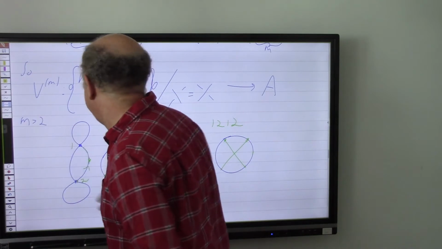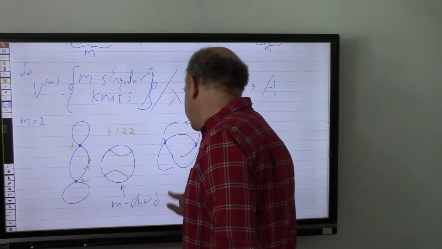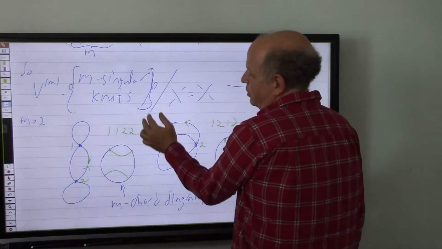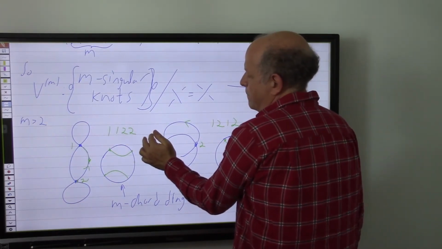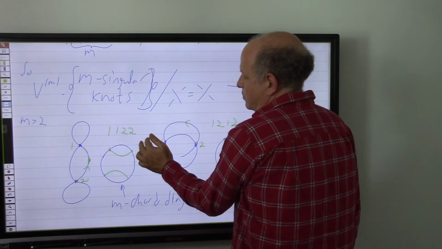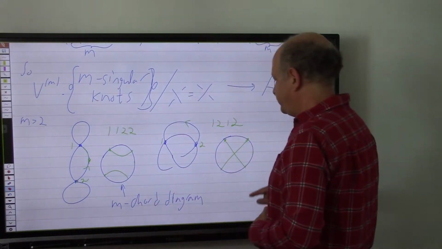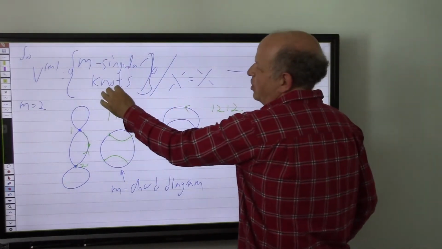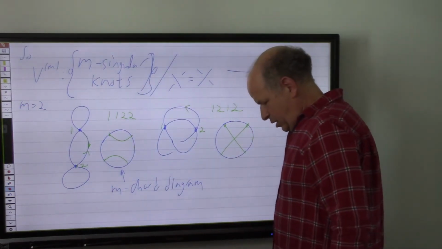So I'll give these things names. Such a thing is called an M chord diagram, and we found that every M singular knot has an underlying M chord diagram.